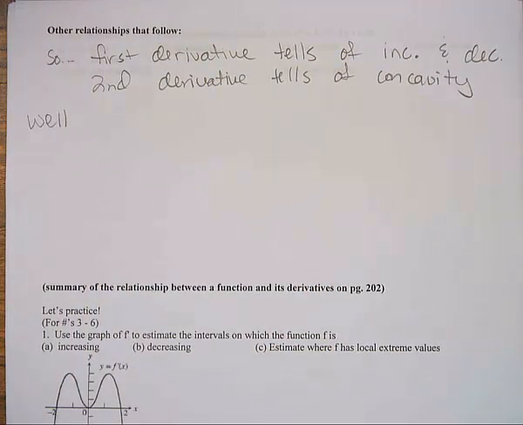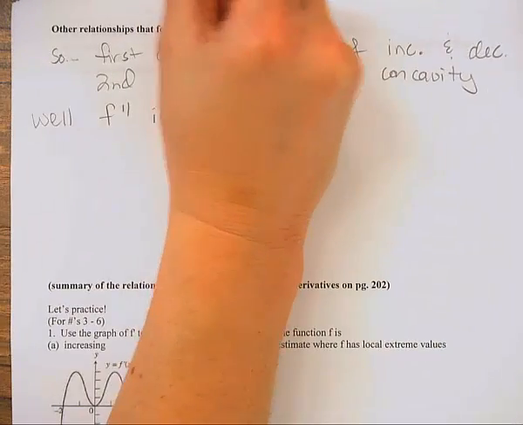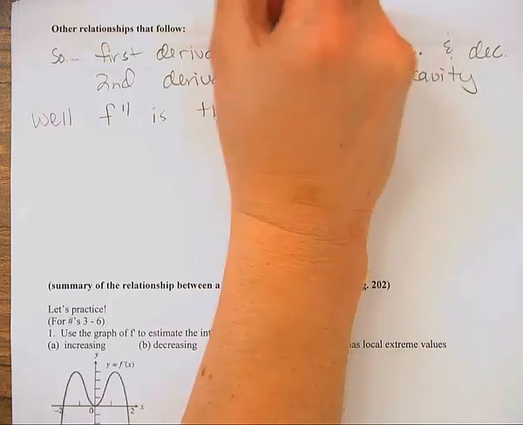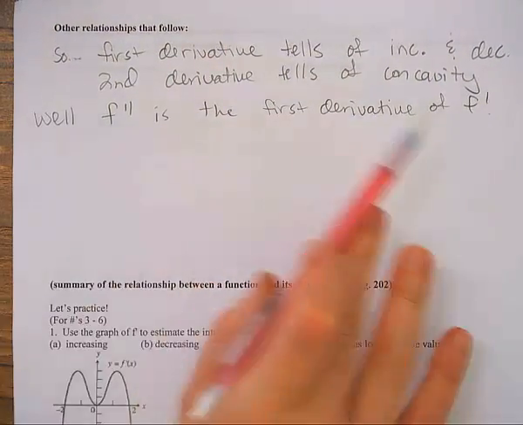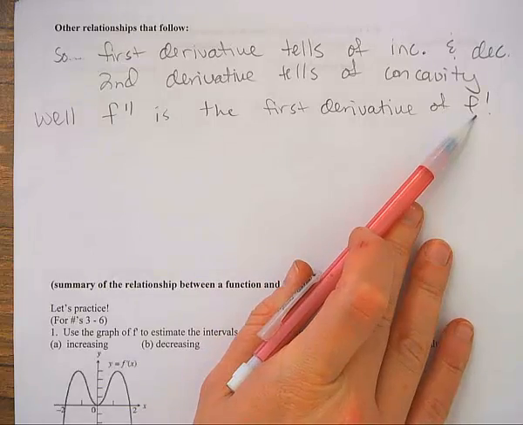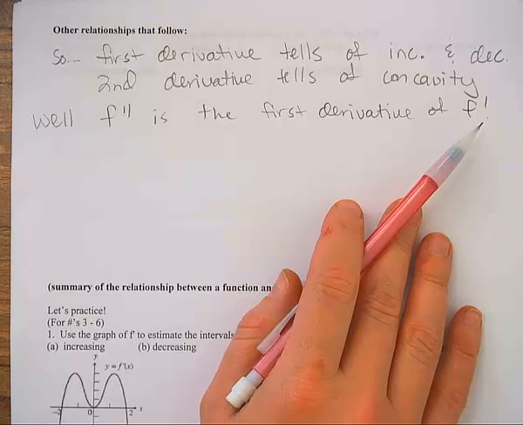Okay, so here's the thing that I need you to really focus in on. The second derivative is the first derivative of the first derivative. Because in order to find f double prime, you take the derivative of f prime. So f double prime is the first derivative of f prime.